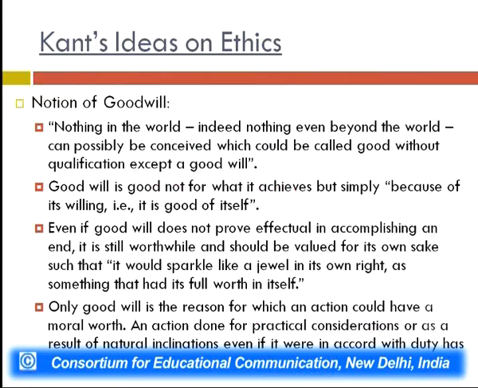This view of ethics is mainly held by Aristotle in the West, and Buddhism by and large holds on to that view. Having seen the different ways in which we could have moral evaluation of a given action, now we could shift to have a look at Kant's ideas regarding ethics.